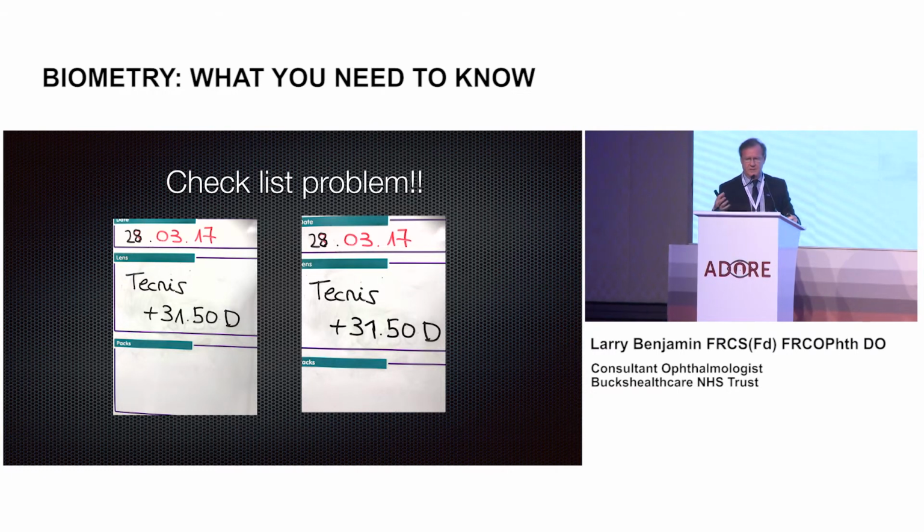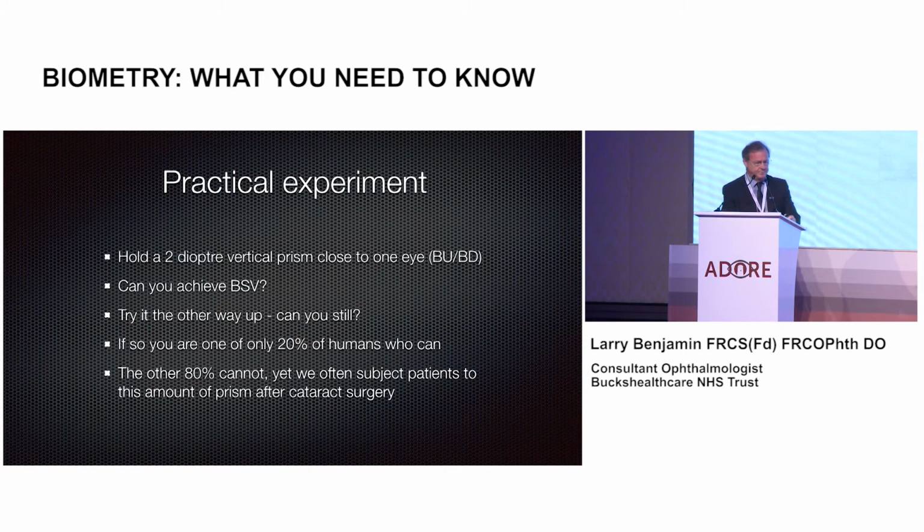If you can write the wrong thing down, you can write it down badly, you can read it wrongly, so we just go by the printed output. And to prove this point, this is a photograph of the whiteboard. I currently have a Spanish fellow, and she writes her ones like that, but I write my sevens like that. So do you put in a 31.5 or a 37.5? Quite different. So really important not to use handwritten notes in the operating theatre to make a judgment about the lens strength.